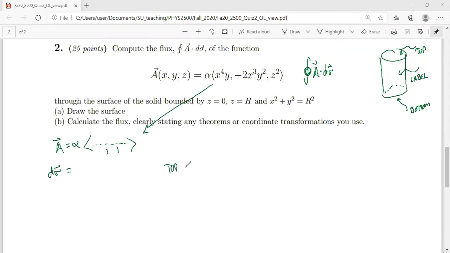So for the top and the bottom, can you tell me anything about this that might make our lives easier? Just say, which way does it point? So which way does the little piece of area point at the top or the bottom?